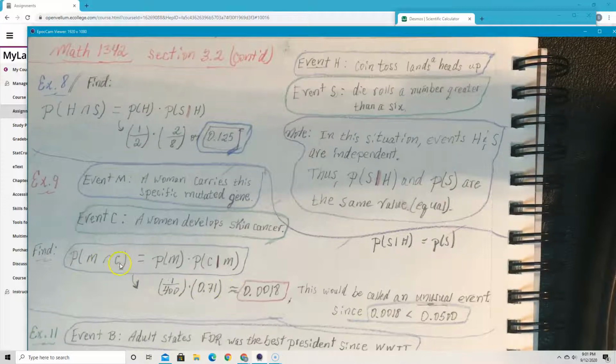Well, the chance that it would happen, according to our computations and the data that they gave us, the data results from the research, it's 0.0018. And that's 0.0018, thank goodness, a lot less than 0.05. This number here is a lot smaller than this. So that would be considered an unusual event.